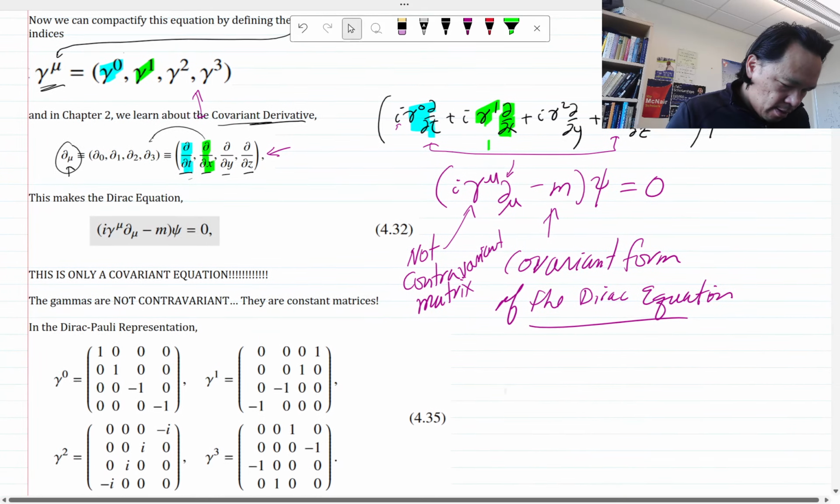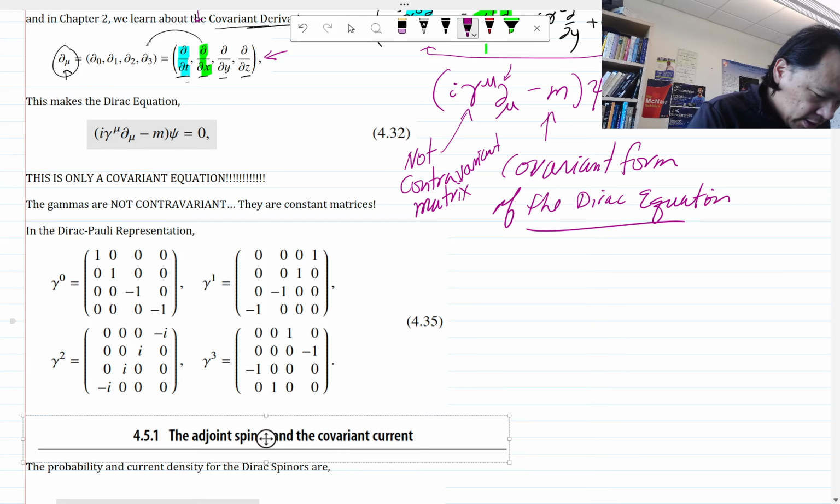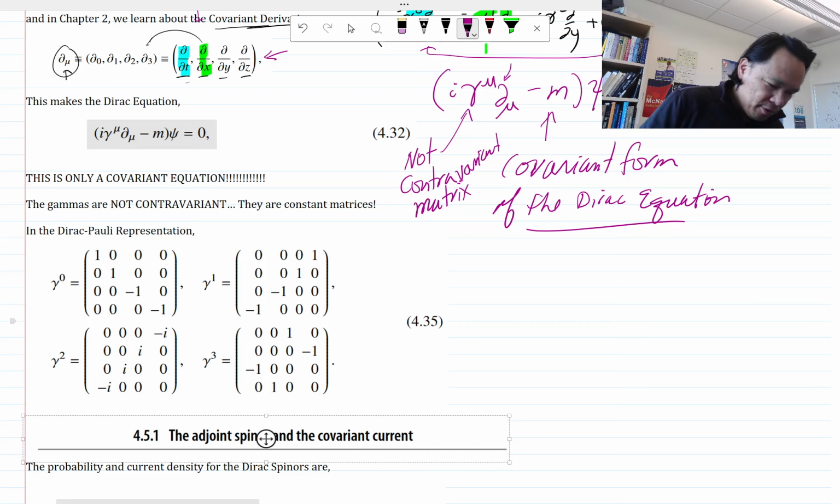So writing these gamma matrices out. Gamma 0, as I already showed you, is basically the beta matrix. It is nice that the book actually printed out the 4x4 version of this, as opposed to just writing the 2x2 buried inside a 2x2 version.